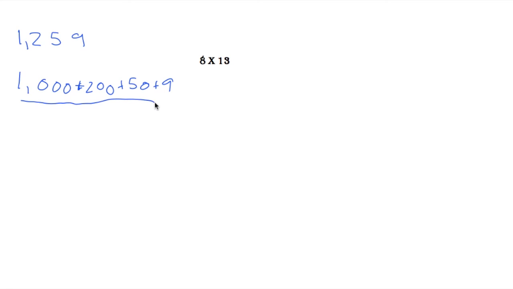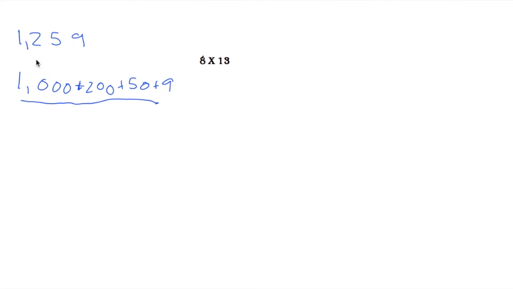So you probably know what breaking down means. So let me just show you an example. Let's say you have 1,000, 2,059. So breaking it down means you look at the thousands place. So 1,000 plus 200 plus 50 plus 9. That is what breaking down is, if you don't know what that means.